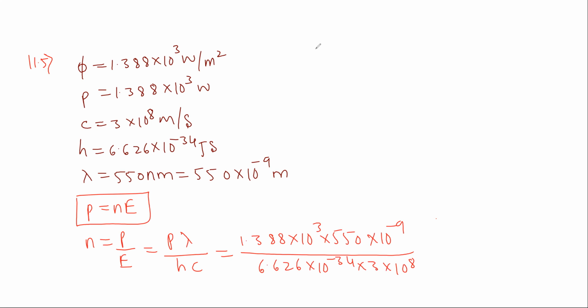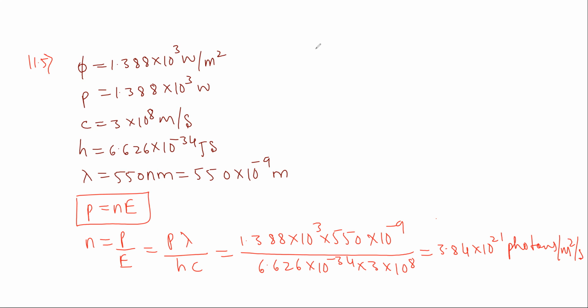Simplifying, we get 3.84 into 10 to the power of 21 photons per meter square per second. Therefore every second 3.84 into 10 to the power of 21 photons are incident per square meter on the earth.